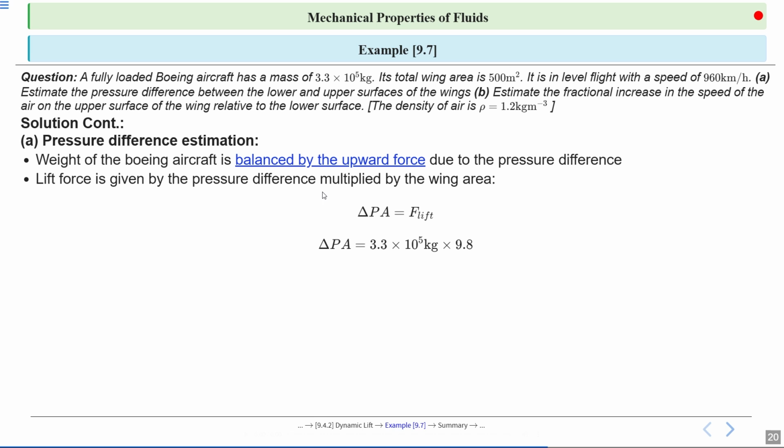The weight of the aircraft is 3.3 × 10^5 kg times 9.8. So you get ΔP × 500 m² = 3.3 × 10^5 kg × 9.8. Alright.